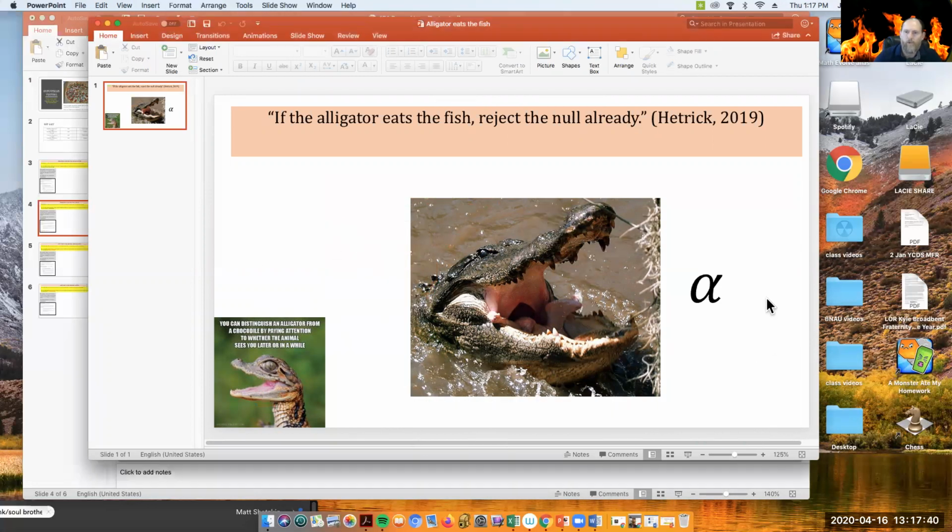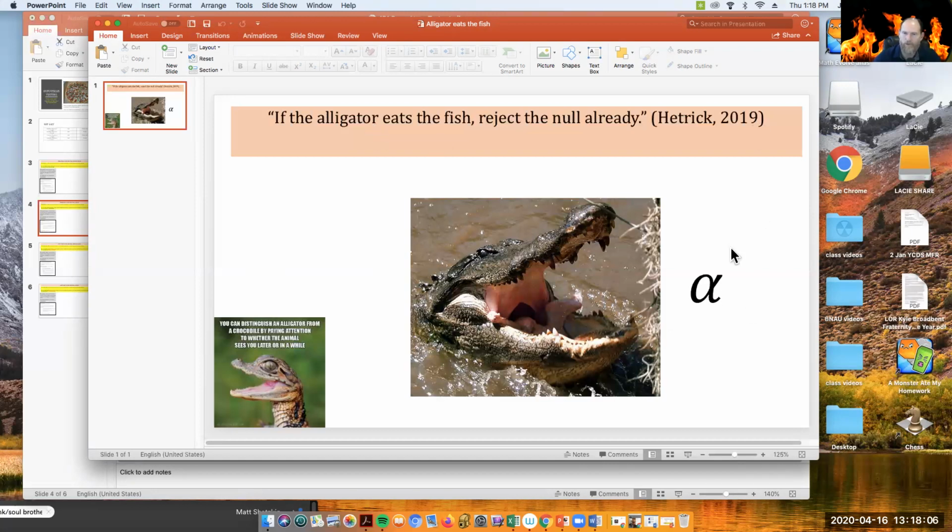So we had 0.05 as alpha, and we had 0.015 as our p-value. So the alligator is going to eat the bigger value. And so if the alligator eats the fish, then you reject the null. Okay?